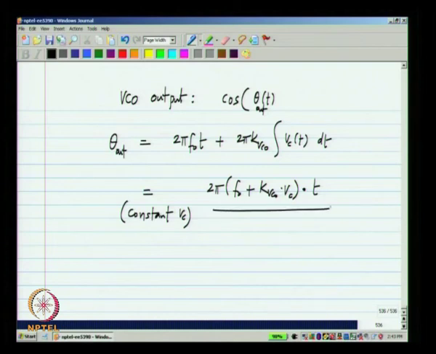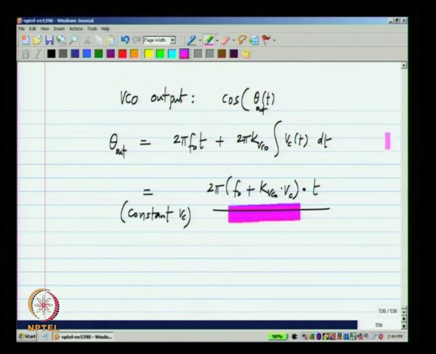What I am trying to emphasize here is that if Vc is time varying, you cannot use the second relationship. It is not f naught plus k_VCO Vc of t times t, it is the integral of Vc of t dt. Now, if Vc happens to be a constant, then simply the frequency is shifted by k_VCO times Vc, and if Vc is 0, then the output frequency is the free running frequency f naught.